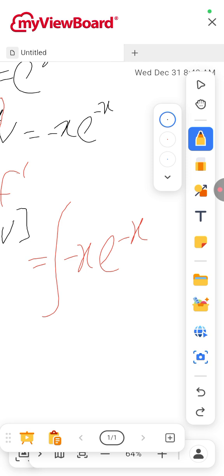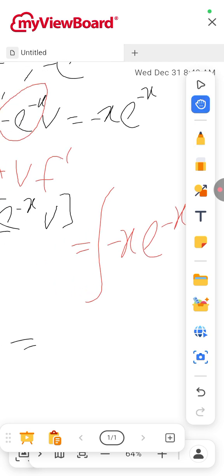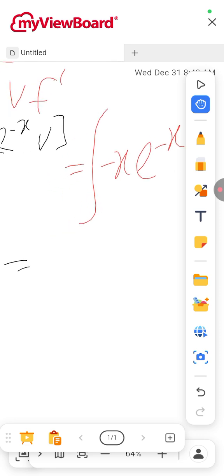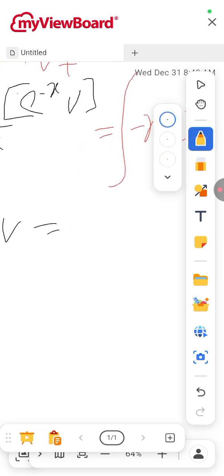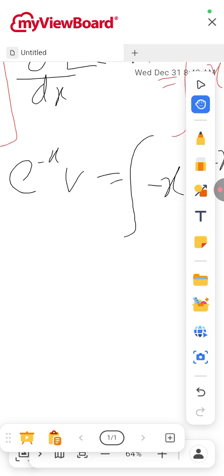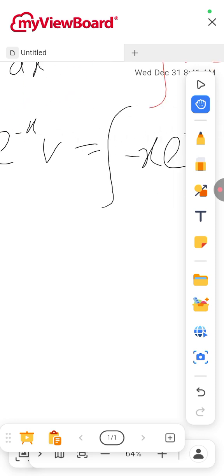Integration by parts. So I have to integrate this right hand side using integration by parts. I have to digress a bit. I don't want to assume that you know it, so let me just explain that one too. I'll come back to this later.